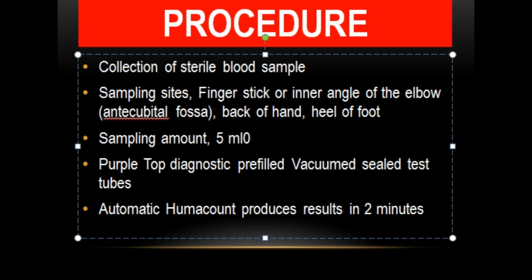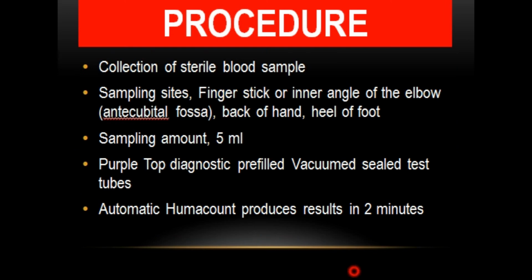Whatever the sampling site or procedure adopted, about 5 ml of the blood sample is taken in purple top diagnostic pre-filled vacuum sealed tubes, and as we have discussed earlier, these tubes contain EDTA, which inhibits the coagulation process and keeps the whole blood in its intact form.